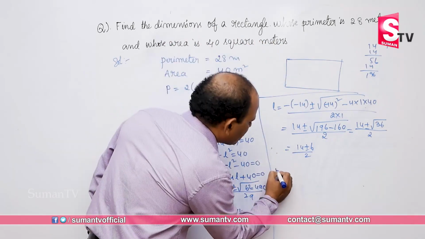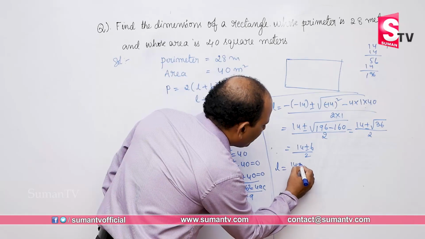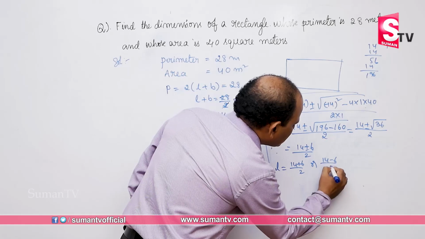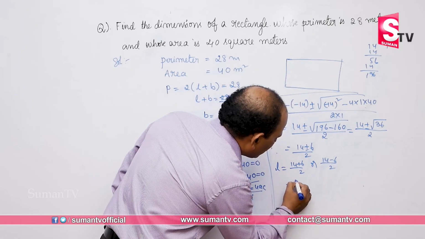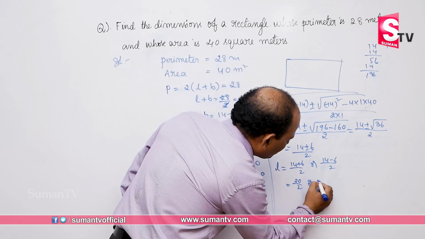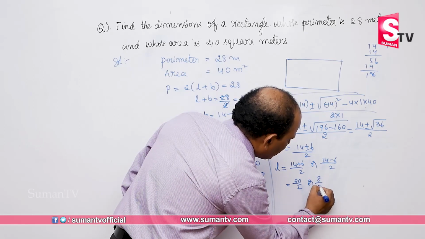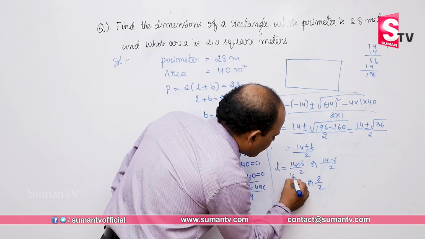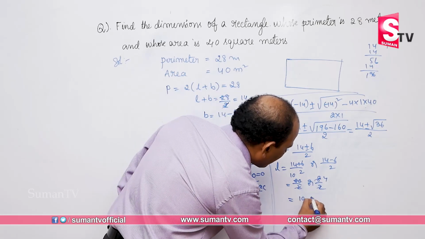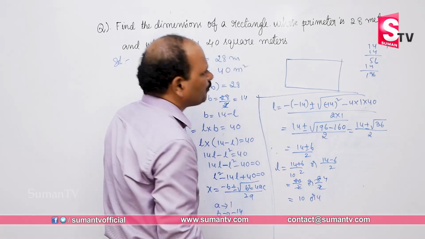L is equal to 14 plus 6 by 2 or 14 minus 6 by 2. That is 20 by 2 or 8 by 2. So, L is equal to either 10 or 4.